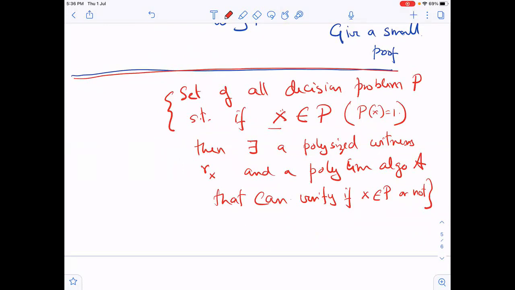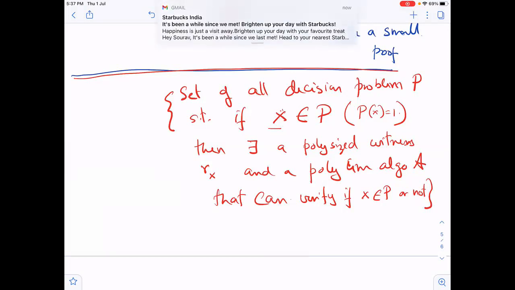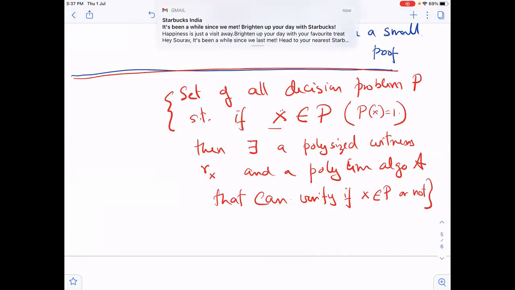And using that short proof, the verifier, an algorithm, can quickly check whether the short proof is indeed an answer or not. Is this clear? Should I repeat it? So these are the set of problems for which verifying a solution is easy.